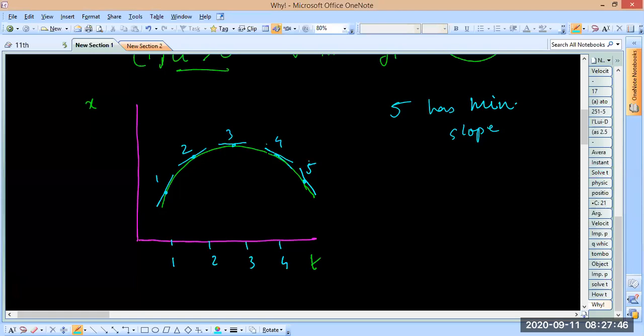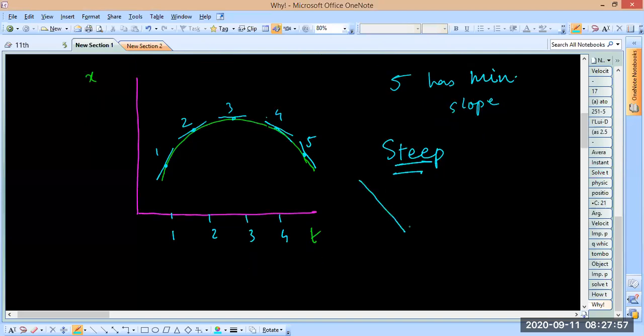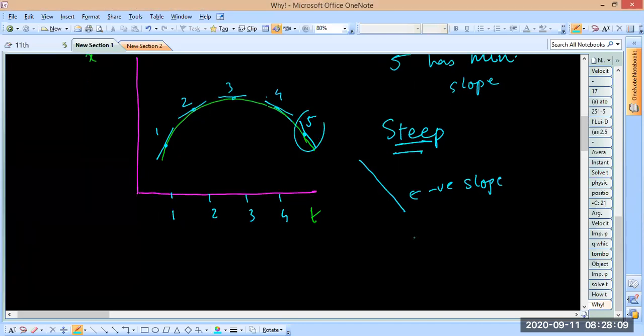Because listen to this, I agree that 5 is very steep, right? You understand what is steep, but look at the shape, look at how it is, it's like this. Such lines have negative slope, correct? Right, such lines will have negative slope. So that would mean this line 5, its slope would be something like minus 10.